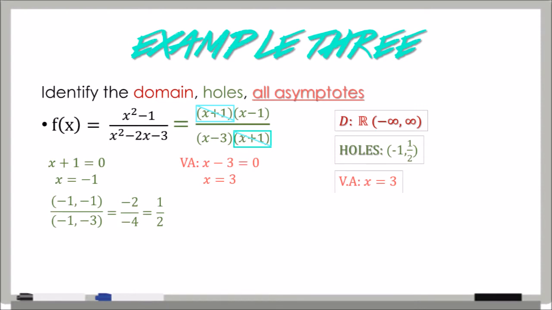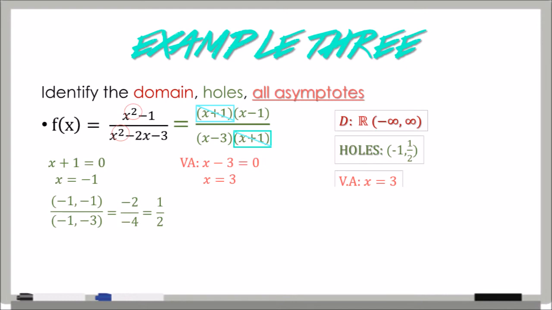Next, we'll head right into our horizontal asymptote. To determine our horizontal asymptote, we have to look at our degrees. If you look at the top and bottom of our original function, you'll notice that the degree of the numerator and denominator are both x squared.